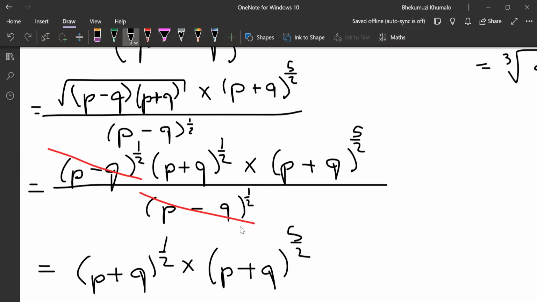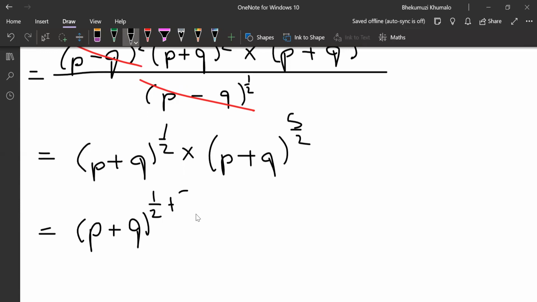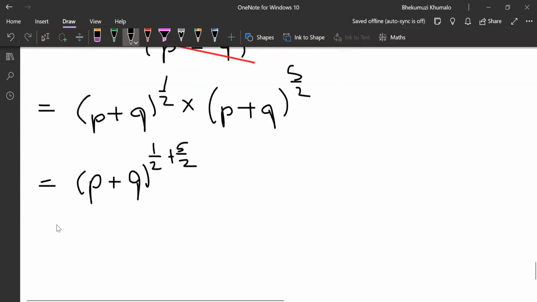Now in this case, it's quite simple because p plus q and p plus q are the same, right? That means that we have the same bases. And if we have the same bases, then we just need to add the exponents. So p plus q to the power half plus 5 over 2. Correct? And then we'd have p plus q to the 6 over 2.